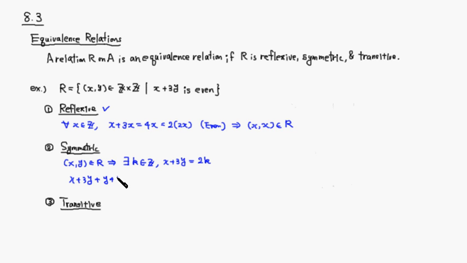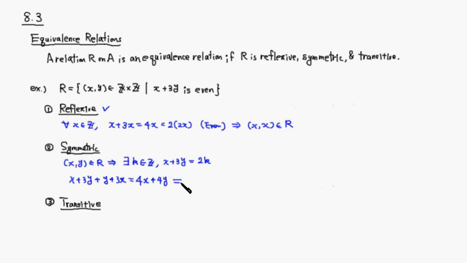So let's look at x plus 3y and y plus 3x. Since this is just 3y plus y, that's 4y, and x plus 3x, so it's 4x. So this is just 4x plus 4y.